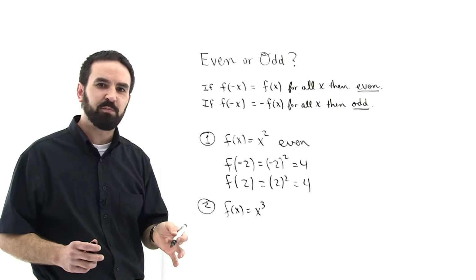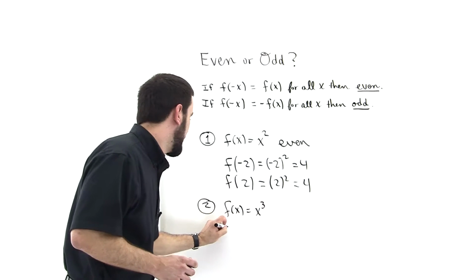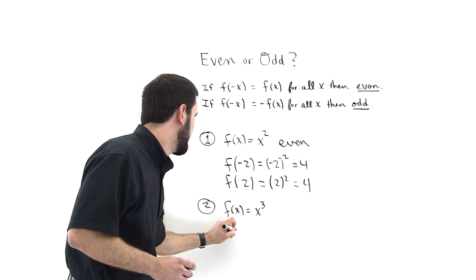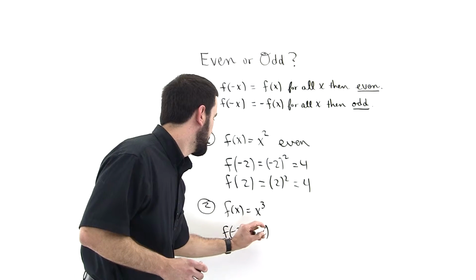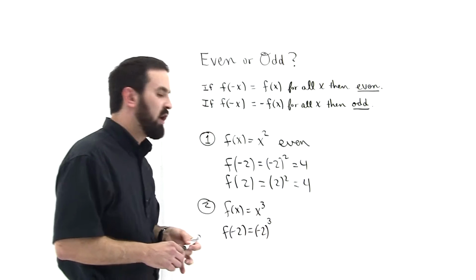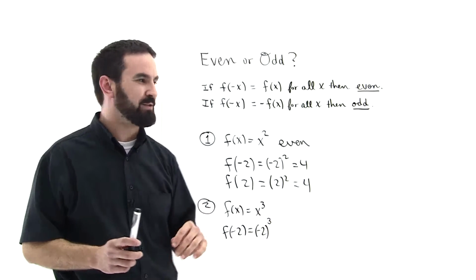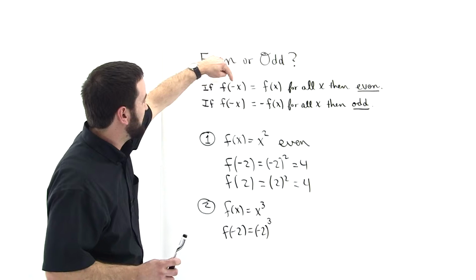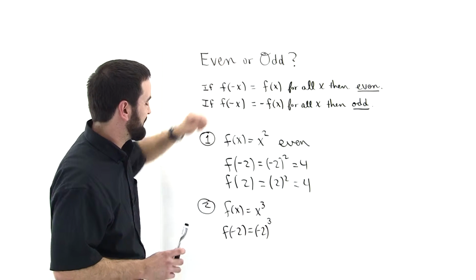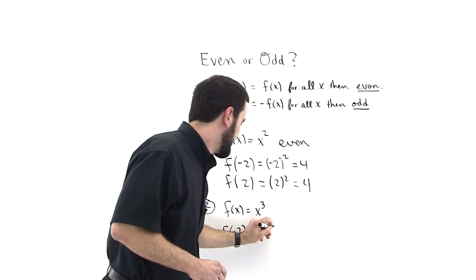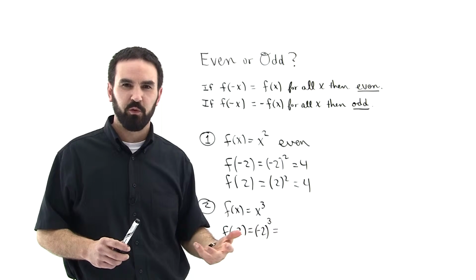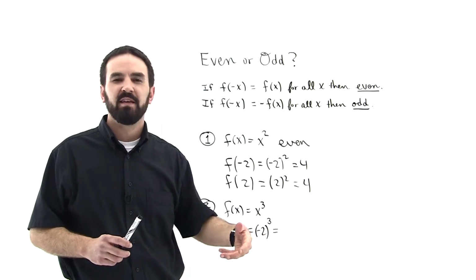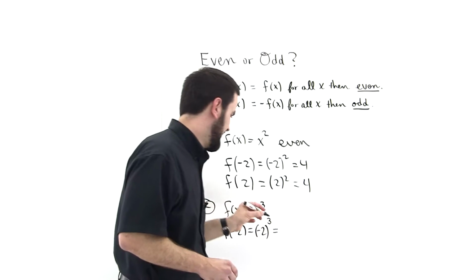And we're picking our test point to be x equals 2, so we need to do f of negative 2 is equal to negative 2 cubed. Our test point is 2, so negative times the 2, right? So negative 2 cubed: negative 2 times negative 2 is positive 4, times negative 2 again is negative 8. So this is negative 8.